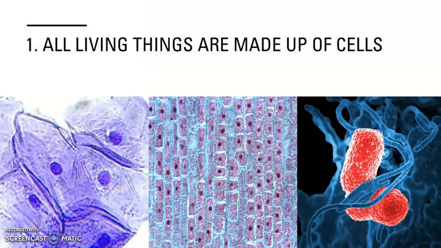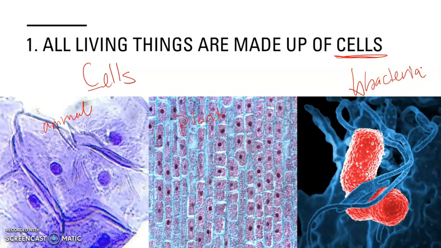Well, we can start with cells. All living things are made up of cells. So in this picture here, we've got a whole bunch. We've got some animal cells here. We've got some plant cells here. And here we've got bacteria.